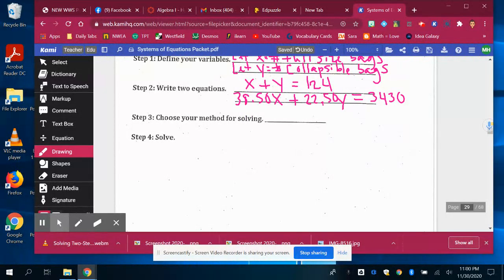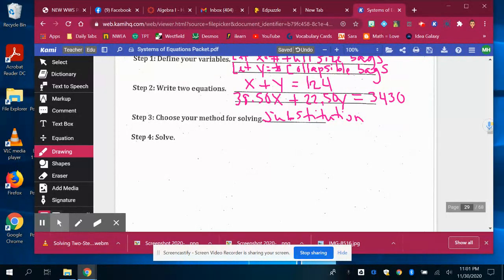Choose your method for solving. I'm going to solve using the substitution method, because I notice in my first equation, I'm able to solve for one of those variables very easily to get one of those variables by itself.